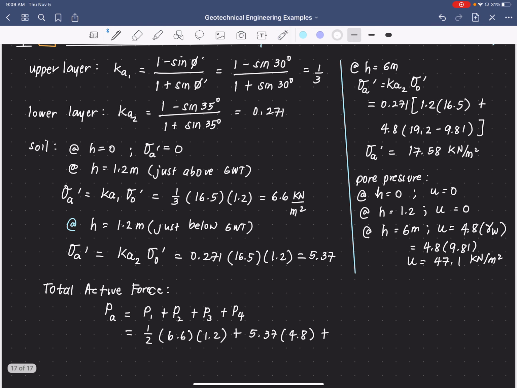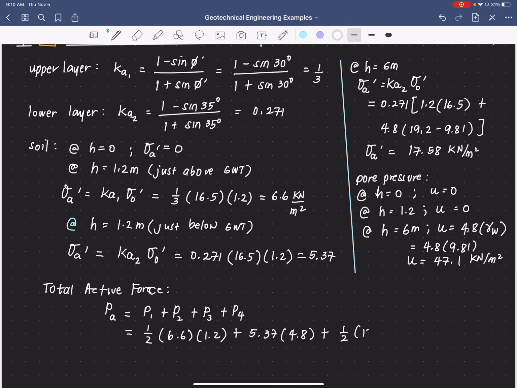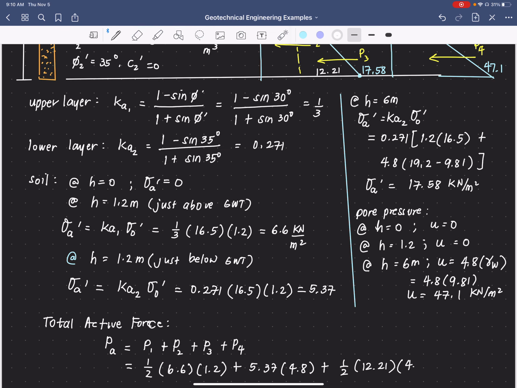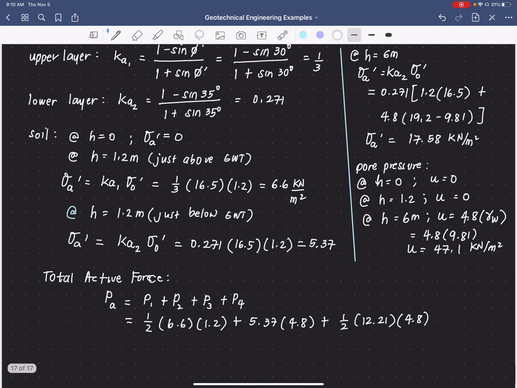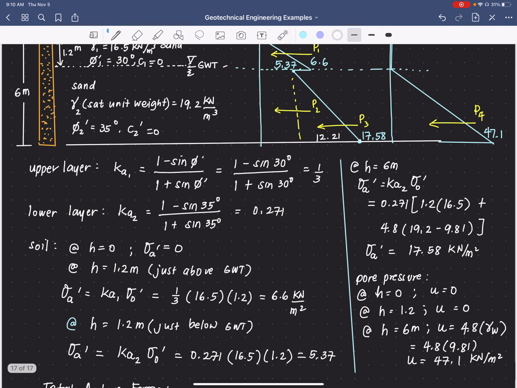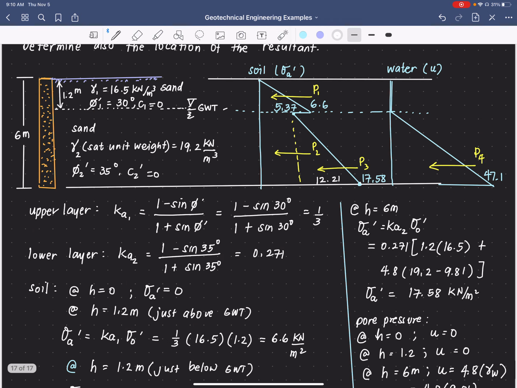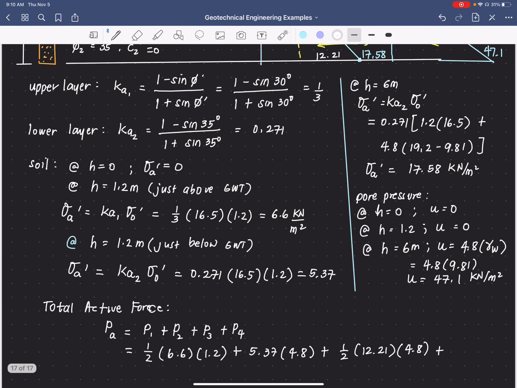So we have 1/2 of the base, 12.21, multiplied by a height of 4.8. Then we also have a plus our water or pore water pressure. We have triangle 1/2 having a base of 47.1 and a height of 4.8.